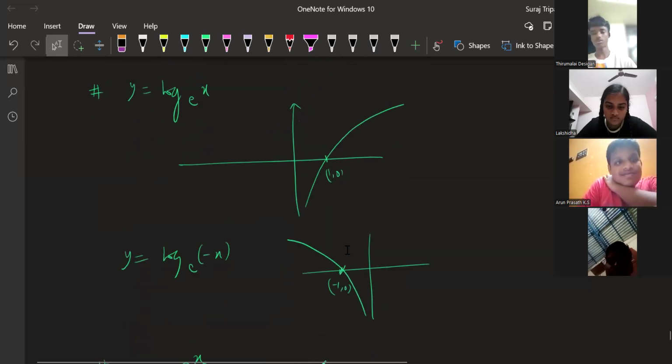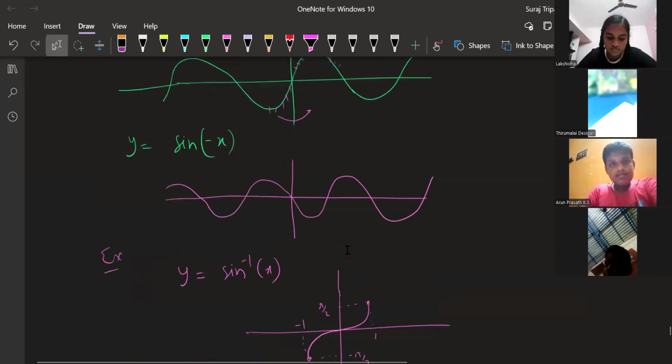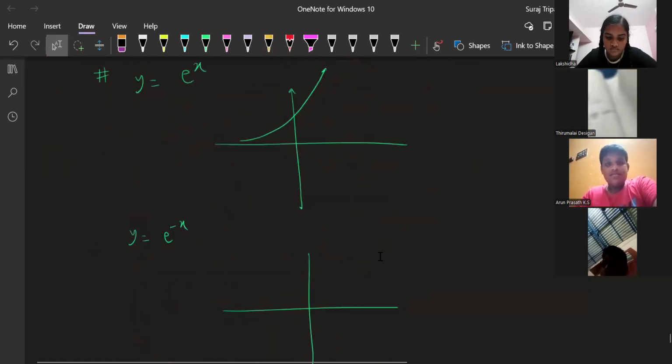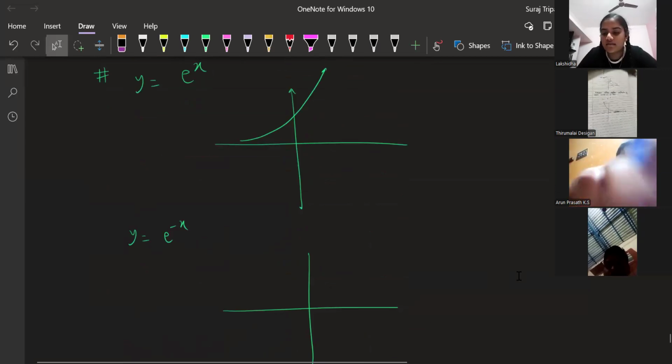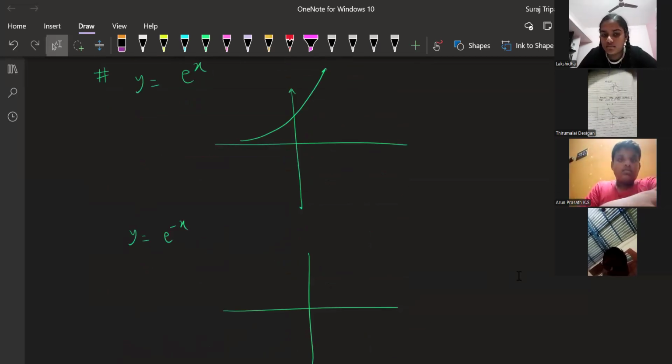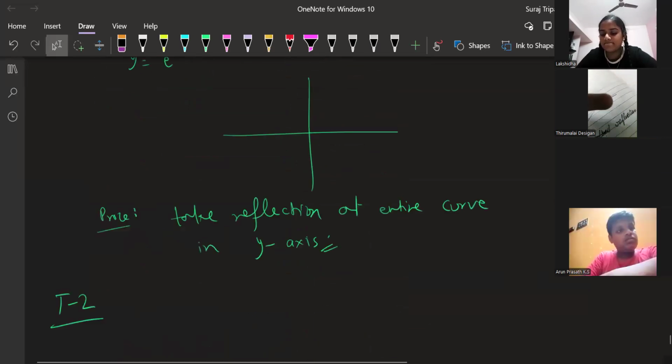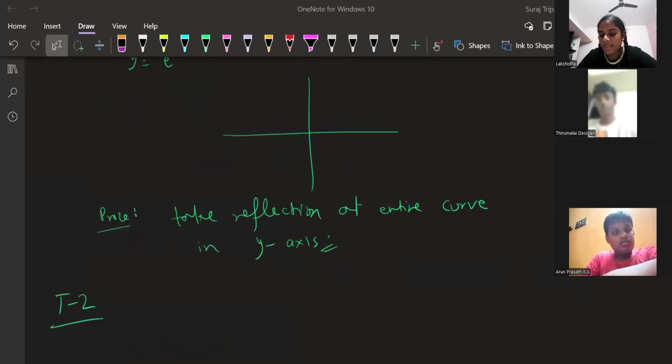Yes, the graph is correct, Thirumalai. You have to take reflection along the y-axis. Yes, correct. Now next one.